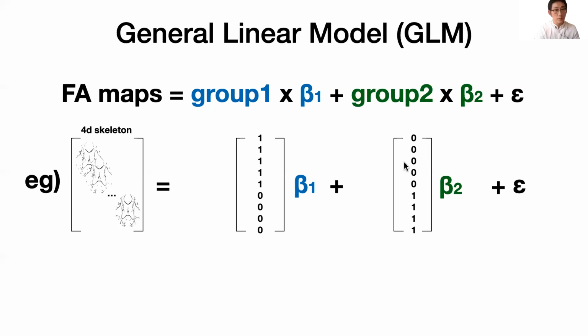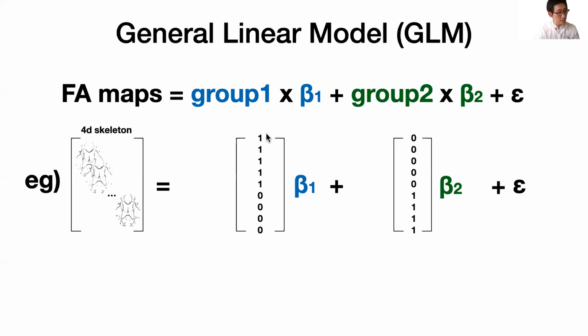Okay, and we need a matrix input like this, representing which group the subject belonged to. So the first 3D image here in the 4D skeleton is coming from the first row of the subject, which had a value of 1, 0. So here, this column represents group 1, and this column represents group 2.